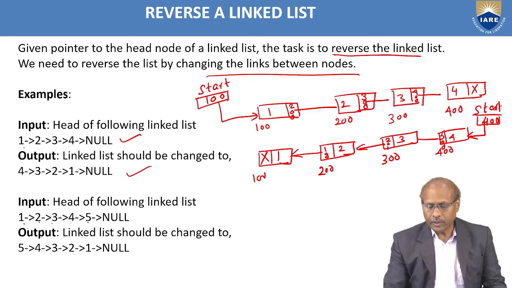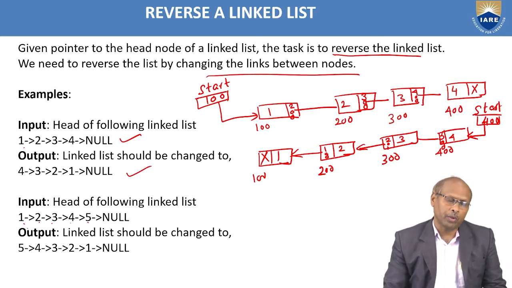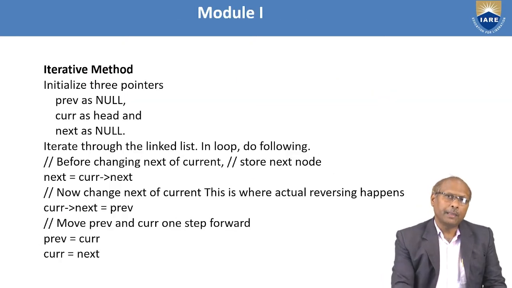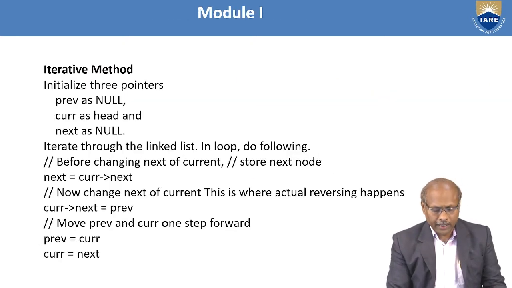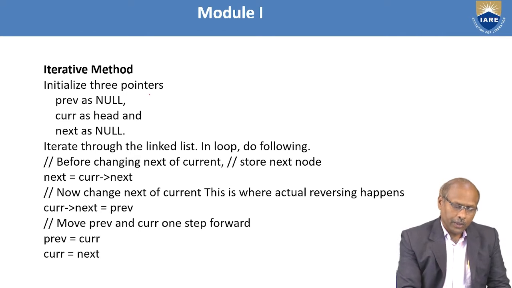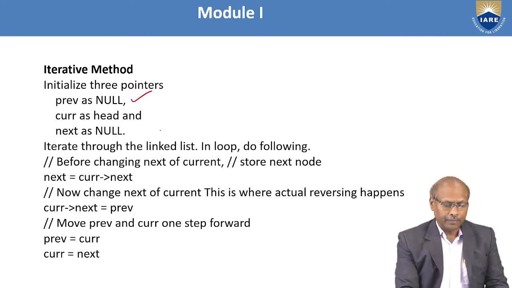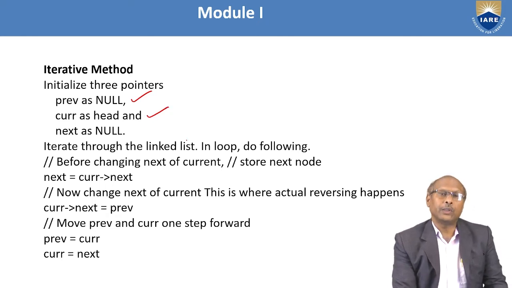Okay. So how can you solve this problem? Now you have to write a program. First of all, create a list. After creating the list, then you have to reverse it. Now there is a simple process. You can apply the iterative process. You can initialize 3 pointers. One is the previous pointer, which is null. The current pointer, which is pointing to head.